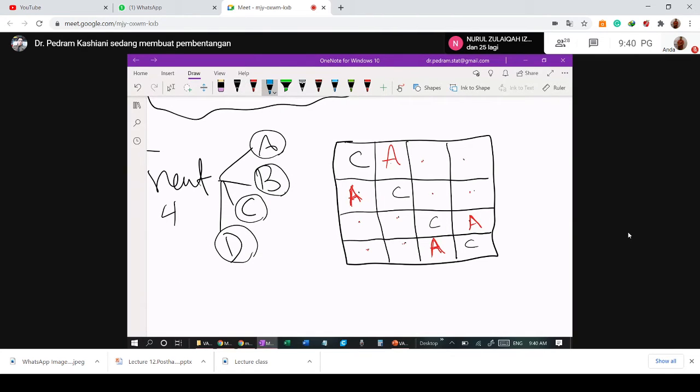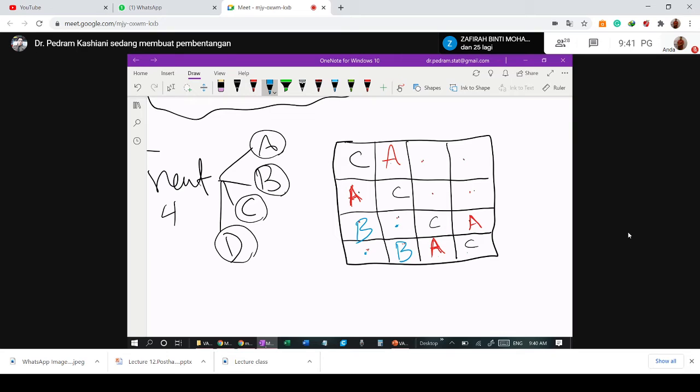Let's say now I want to randomize treatment B. So let's say I put my B here. So B cannot be here and cannot be here anymore. So where can I put my B? Here. Because this is 2A, A and C. Here and here I cannot put B. They are already full.